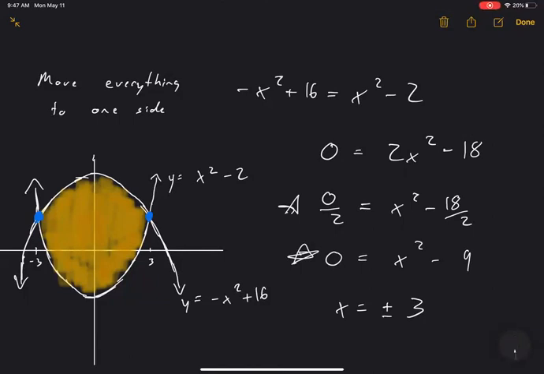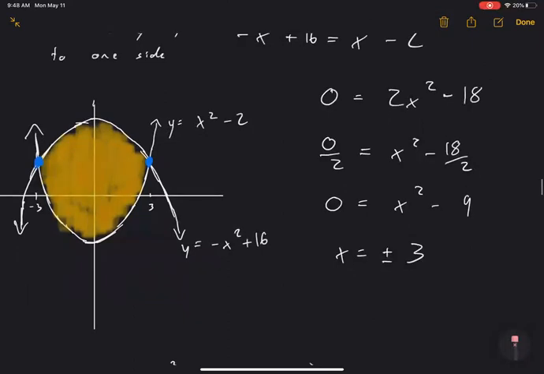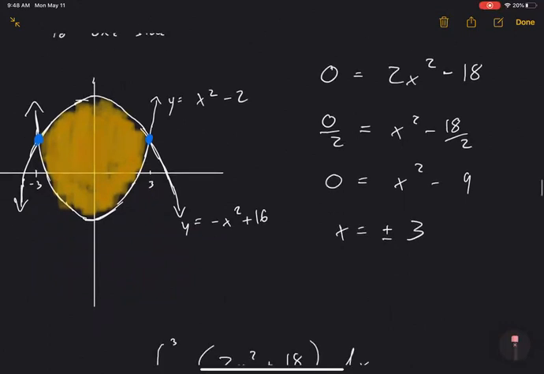Now, from here to here, what I've done is I've just factored in my head, but you can use any factoring method you want or use the quadratic formula to find these values, okay? And you end up with positive and negative 3. So this a, this point we talked about earlier, that's my negative 3, and b is my positive 3.